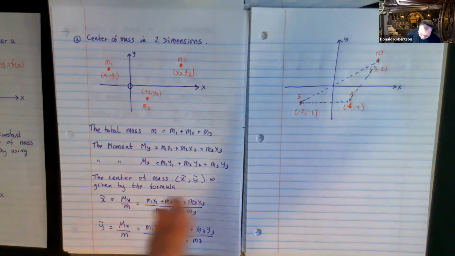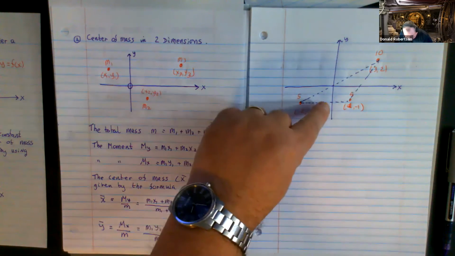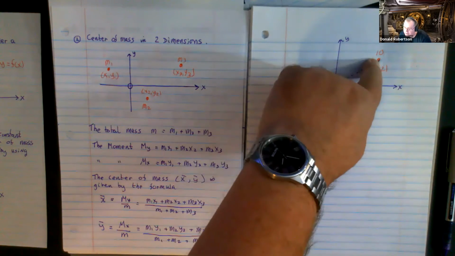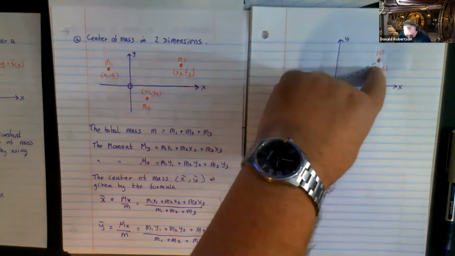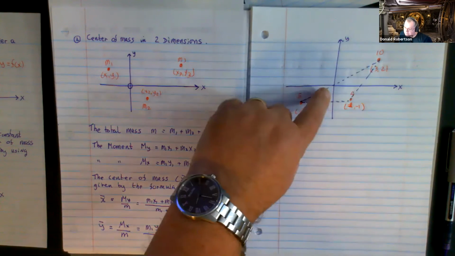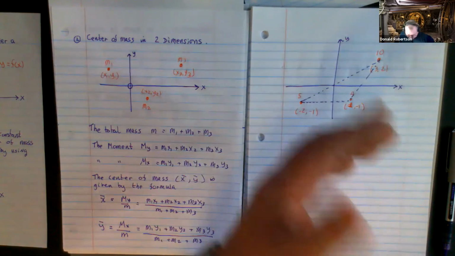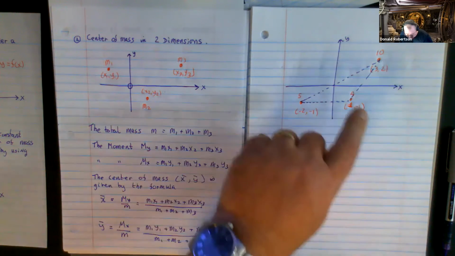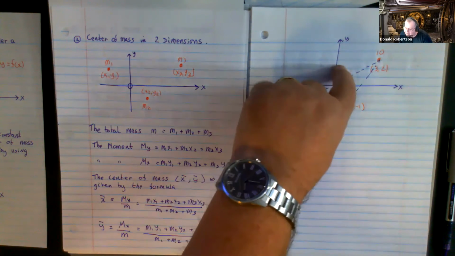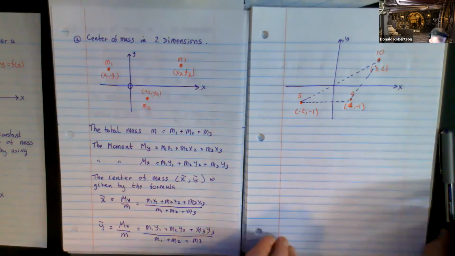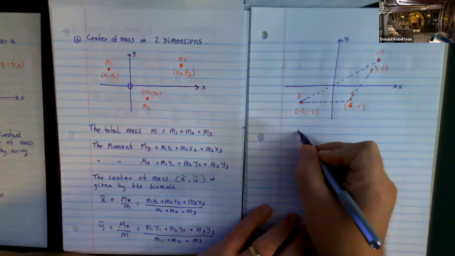In this situation, can you imagine that the center of mass is going to probably push towards this point because it's the heaviest, right? Does that make sense? So if I'm looking at where I think the center of mass of this shape is going to be, my gut feeling is it's probably going to be about here. So you can kind of sort of visualize where the center of mass is.